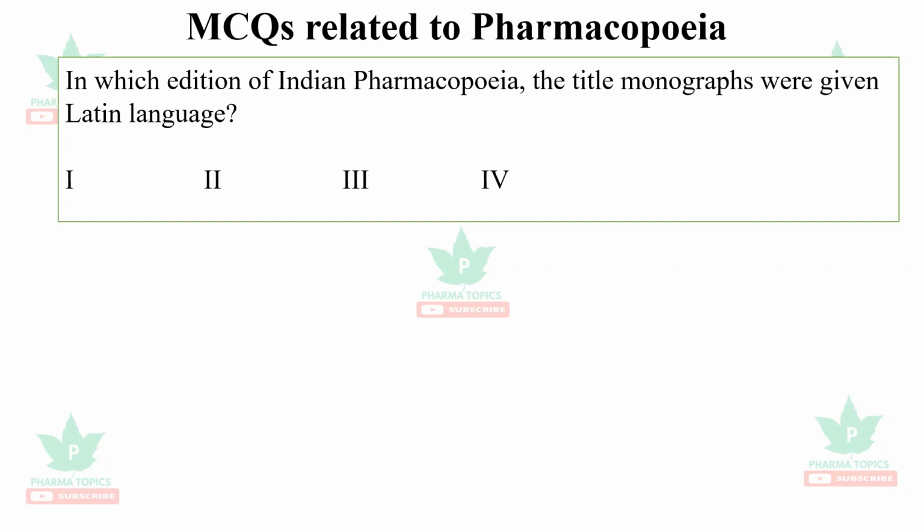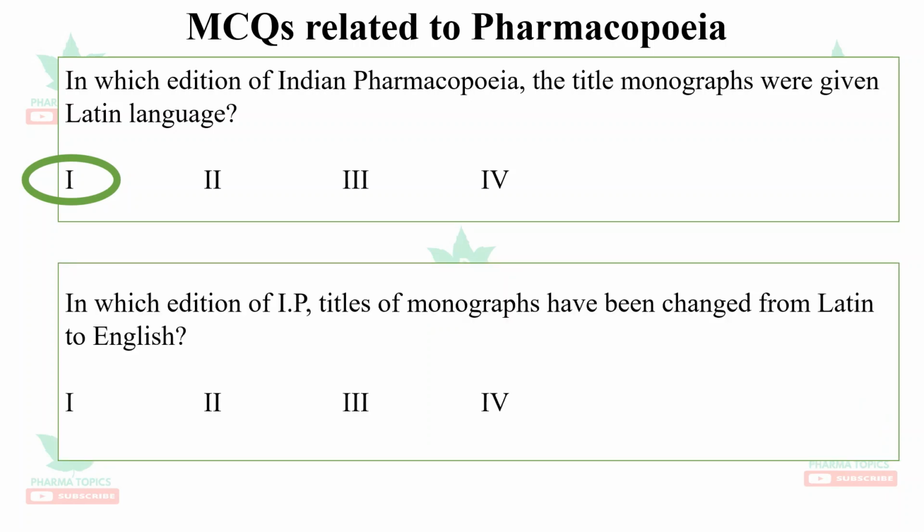In which edition of Indian Pharmacopoeia were the monograph titles given in the Latin language? The options are first edition, second edition, third edition and fourth edition, and it is the first edition that used Latin. In which edition of IP have the titles of monographs been changed from Latin to English? You are given the options 1, 2, 3 and 4.